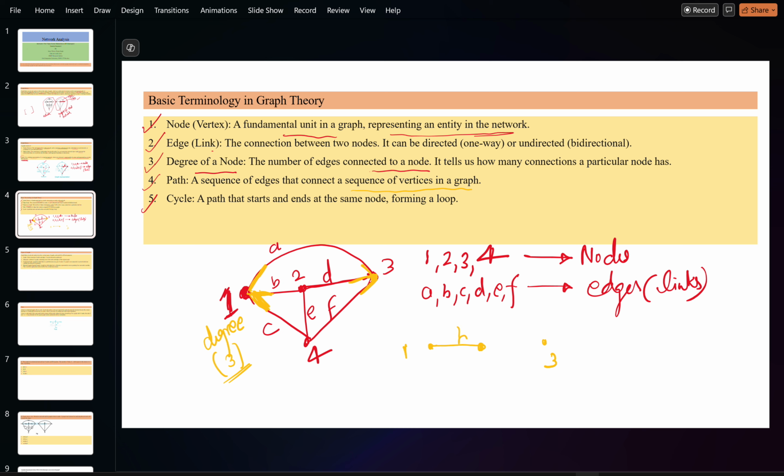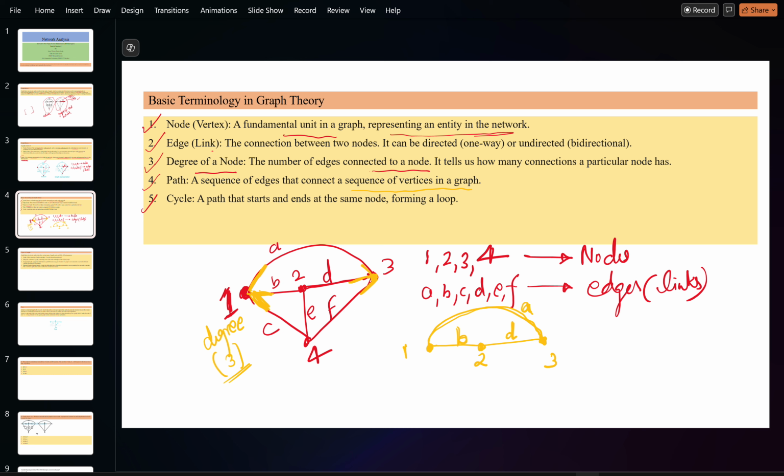One, I can go through the branches B and D, and one I can directly go from 1 to 3 with the branch A. So the path means the connection between 1 and 3. It can be A as well, or it can be B, reaching 2, and then going through D. So this is one path, the sequence of the vertices in a graph.